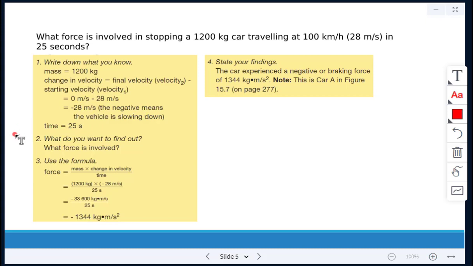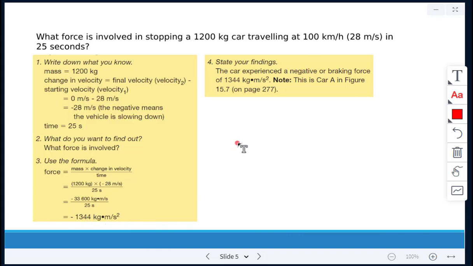We use meters per second because we're also using time in seconds. And what are we trying to find out? We are trying to find out the force involved. So we have everything we need. Our formula is mass times change in velocity divided by time. So 1,200 kilograms times negative 28 meters per second, divided by 25 seconds. Once you put that in your calculator, you will get negative 1,344 kilogram meters per second squared.